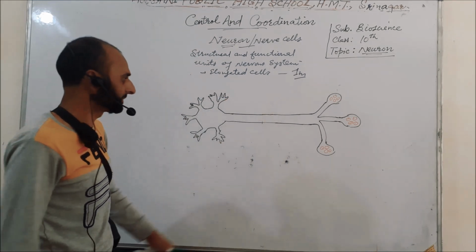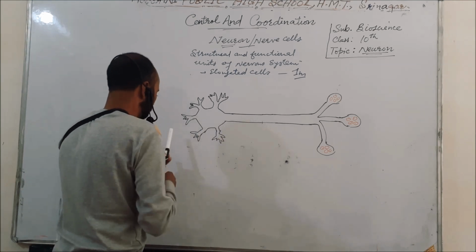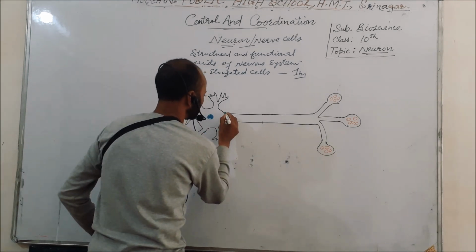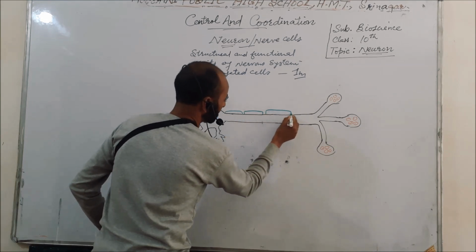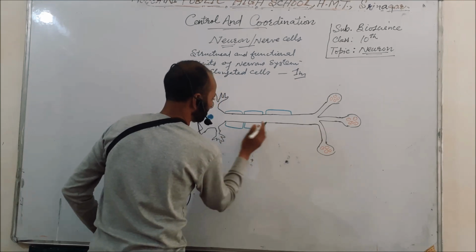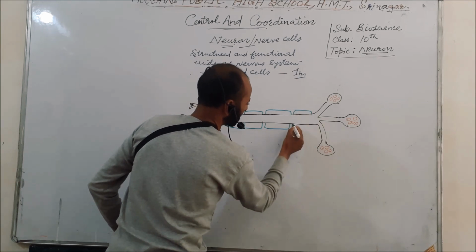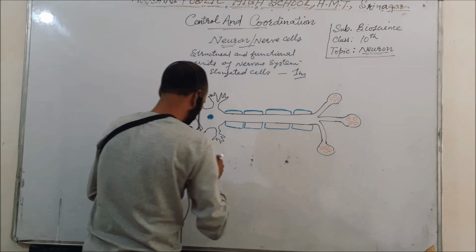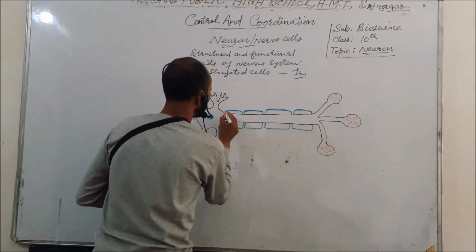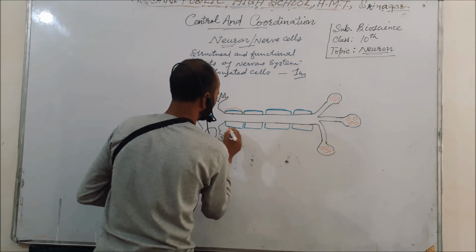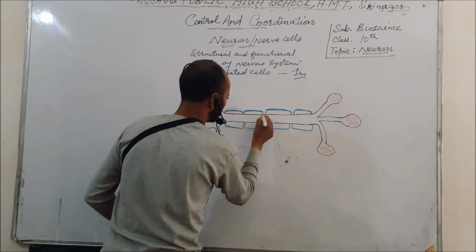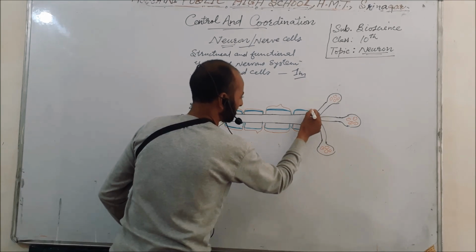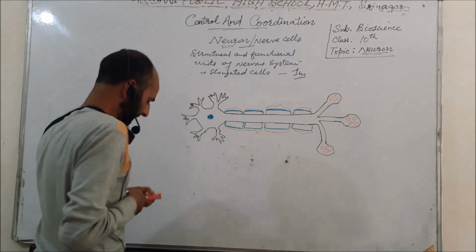So they look like this. This is the simple diagram of a neuron.